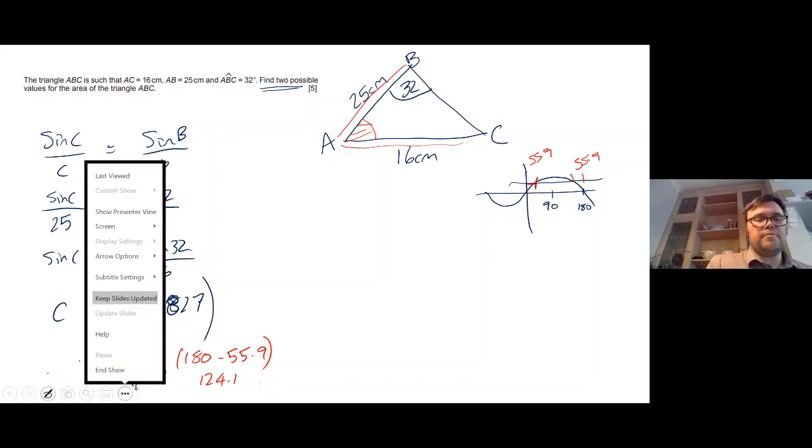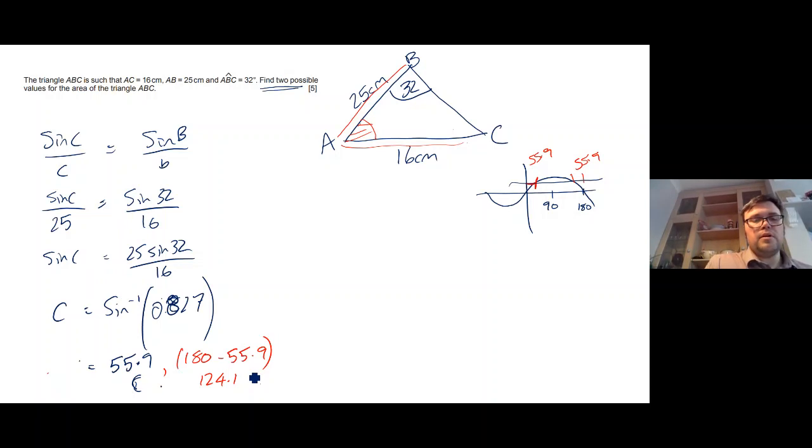We can then say that A1, the first angle, is going to be 180 minus 32 plus 55.9, so this is going to equal 92.1.